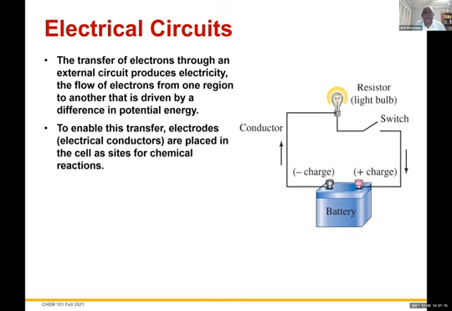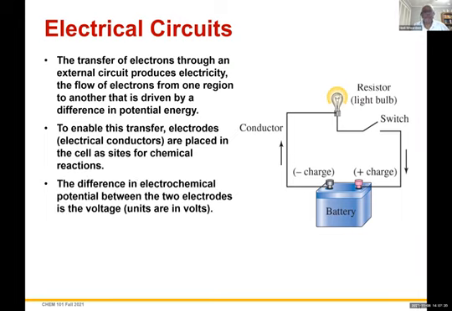To enable this transfer, electrodes are placed in the cell as sites of chemical reaction. There are two electrodes, positively charged and negatively charged. Positively charged is the cathode, negatively charged is the anode. The difference in electrochemical potential between the two electrodes is the voltage.